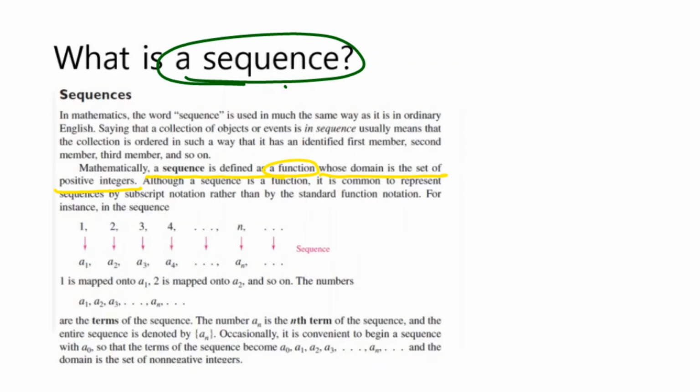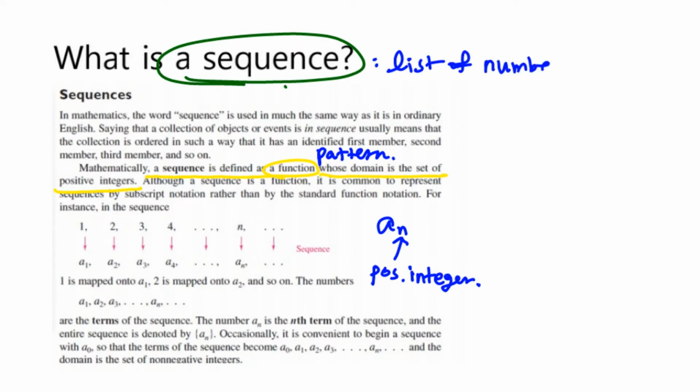So if I have a(n), n is a positive integer, and it is a function, so that means it has some kind of a pattern. So a sequence, I would define as a list of numbers, but not random numbers. It has a pattern, so let's write down "with a pattern."